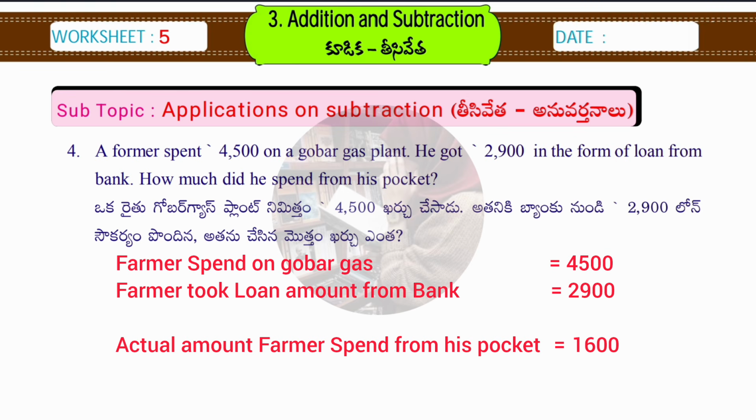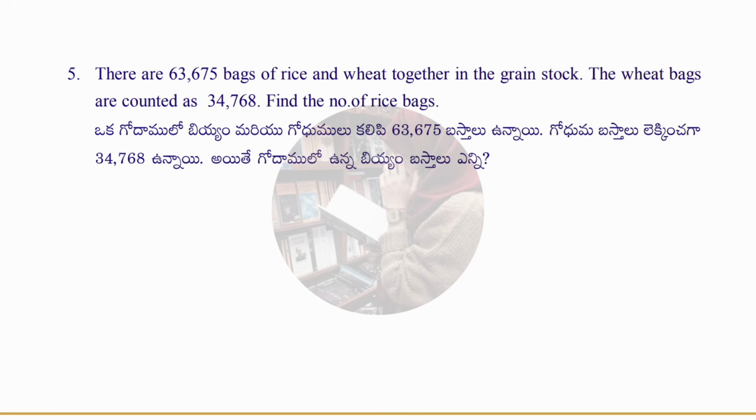Now we'll move to the next question, which is: there are 63,675 bags of rice and wheat together in the grain stock. The wheat bags are counted as 34,768. Find the number of rice bags. So here the question is, in a grain stock there are two types of items, rice bags and wheat bags.